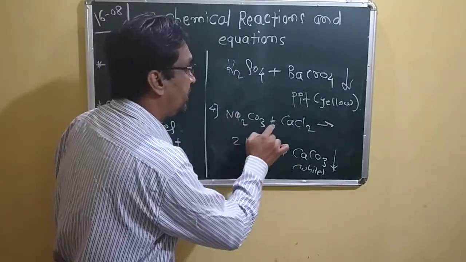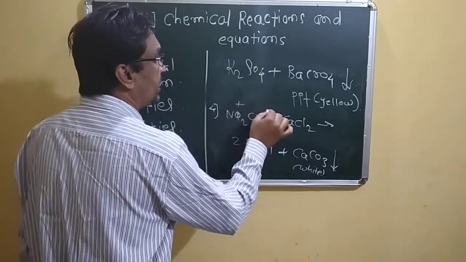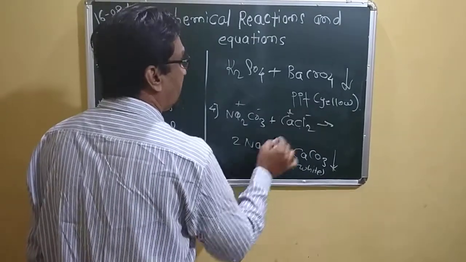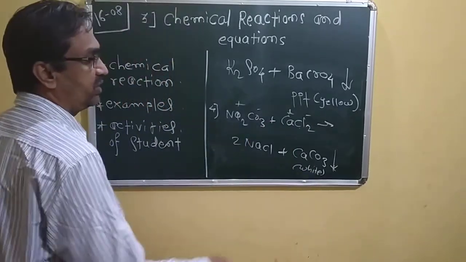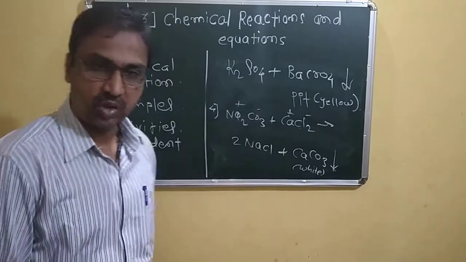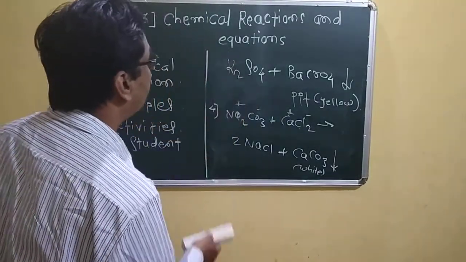Sodium carbonate and calcium chloride react with each other, acidic and basic radicals react with each other, and they form 2NaCl and CaCO3, calcium carbonate, a white precipitate. So that is the fourth activity.